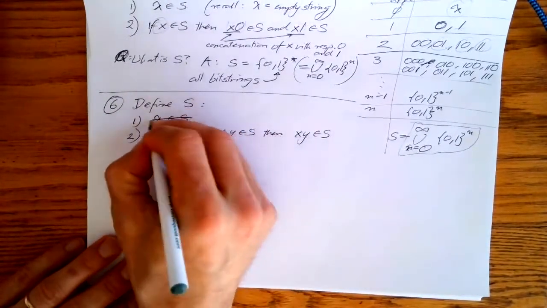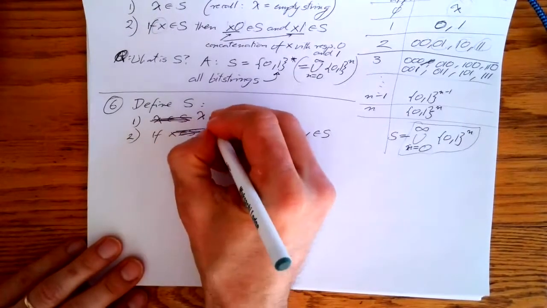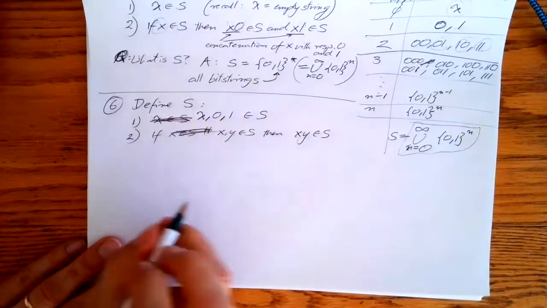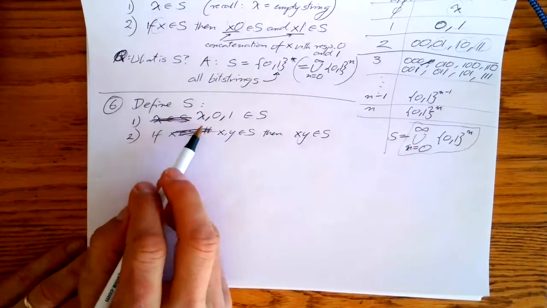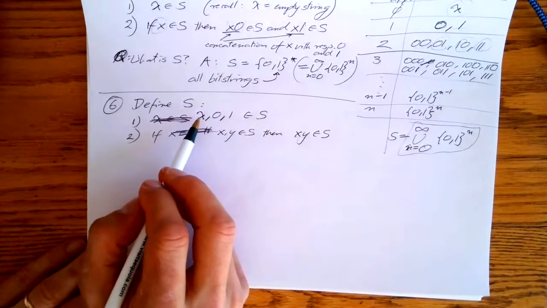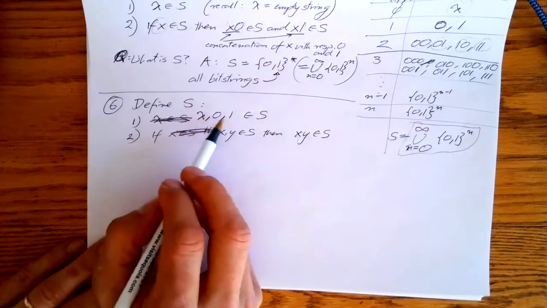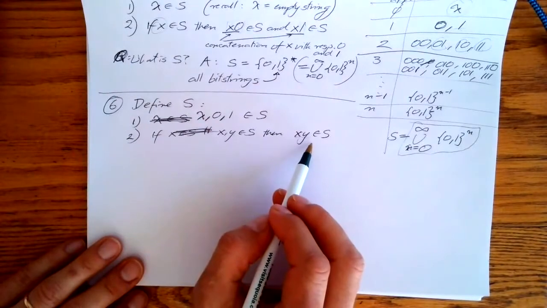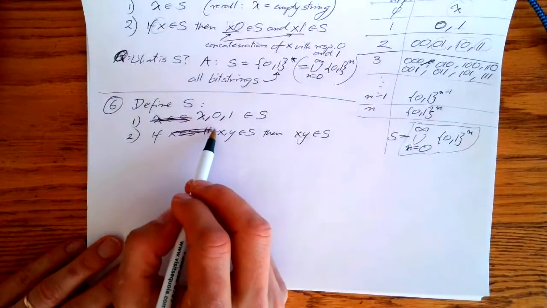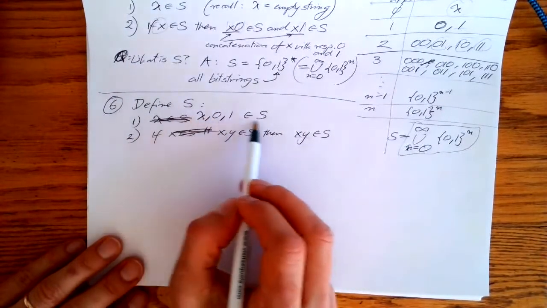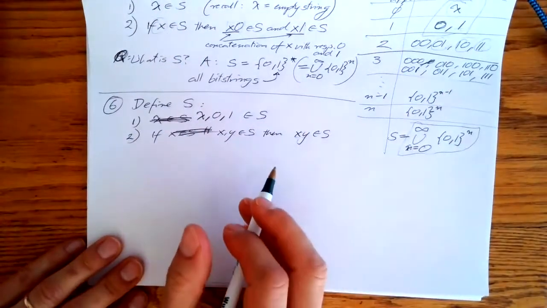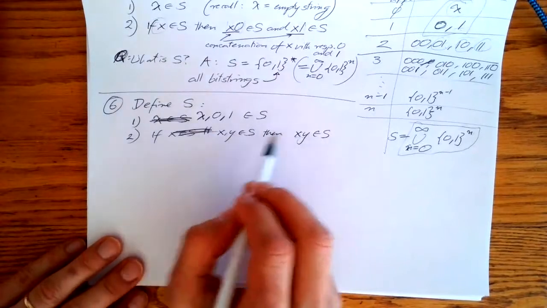So I guess I have to change this and perhaps say this. I declare an empty string to be an element, a 0 to be an element, and a 1. And now I'm game, because the base case now becomes this. All right, and now let's see what is added.